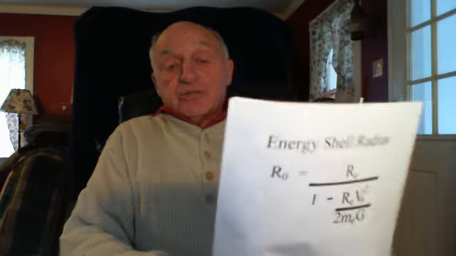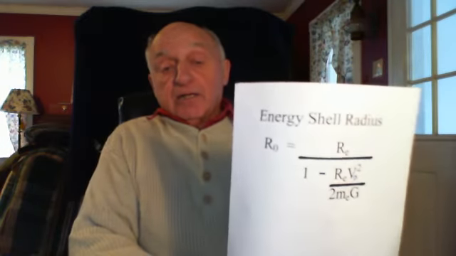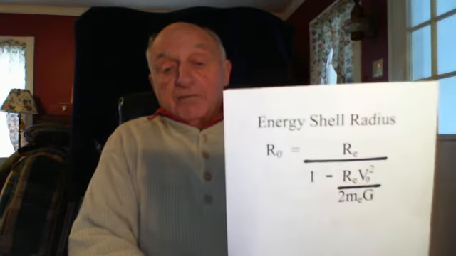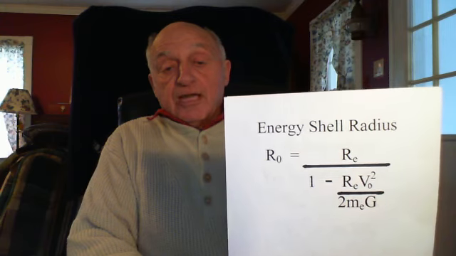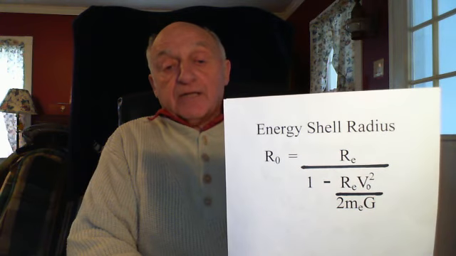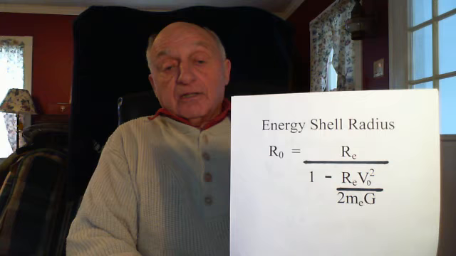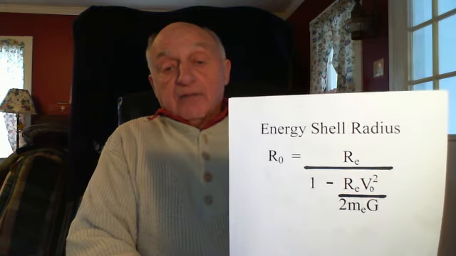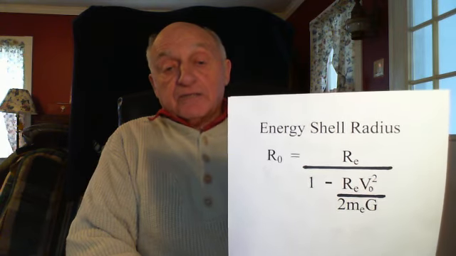This energy has remained constant since the Moon left the Earth, and it went to an energy shell, and this is the equation for the radius of the energy shell. The radius of the energy shell surrounding the Earth, that is now the location of the Moon on its surface.